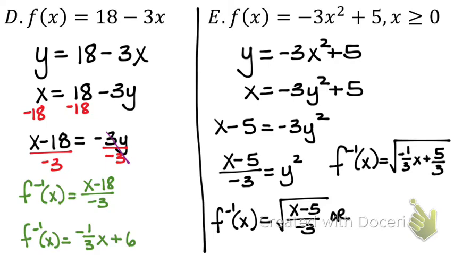So 2 different answers. They would both be counted as correct. So we'll end there, and then tomorrow we'll do our last example for 5-2, and then we'll start 5-3.